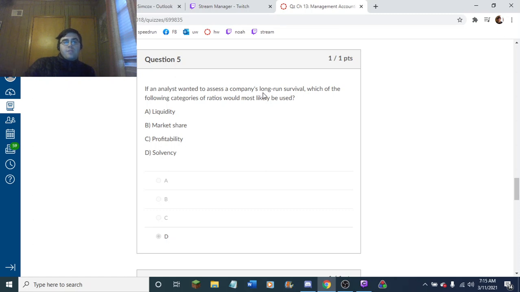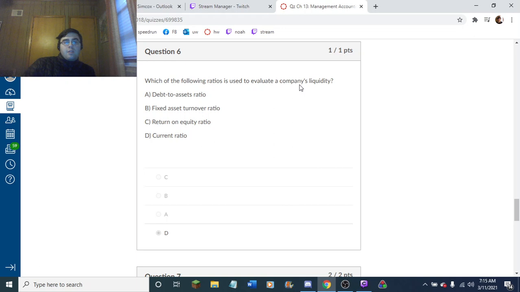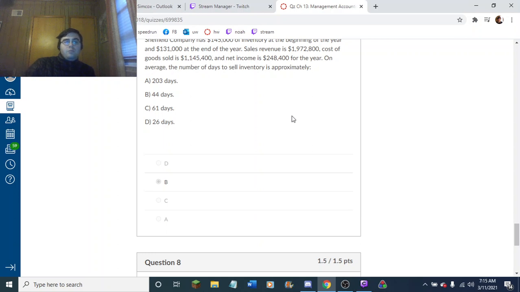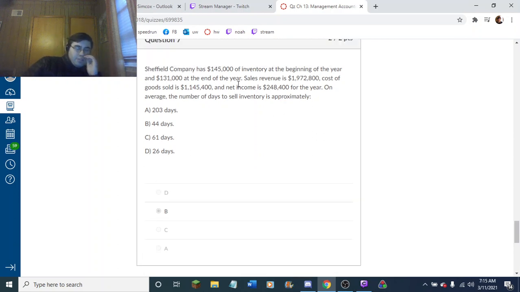If an analyst wants to assess the long-run survival, it's solvency. If it's liquidity, it's current ratio D.